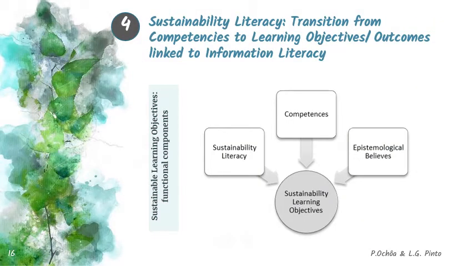We conceive sustainability learning objectives as the result of a combination of three aspects: sustainability literacy, competencies, and epistemological beliefs. They were essential for the success of the pedagogical strategies developed within this master course.